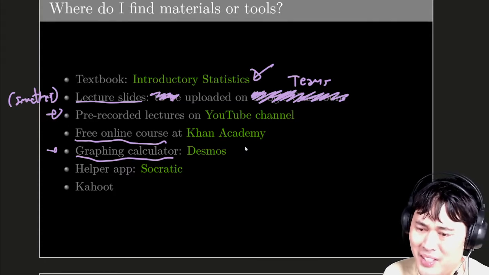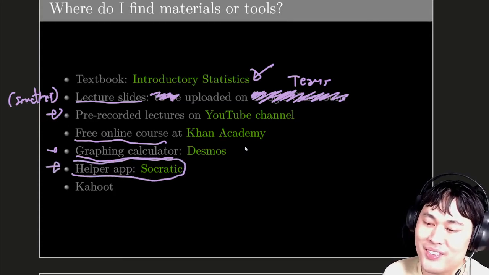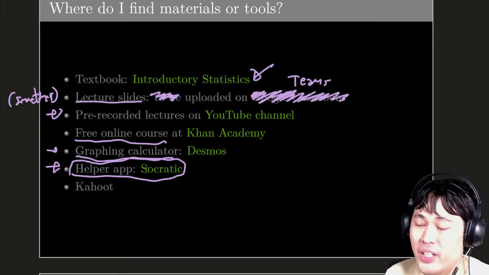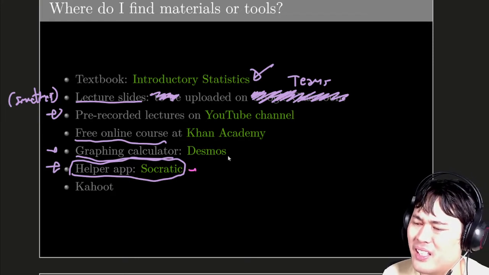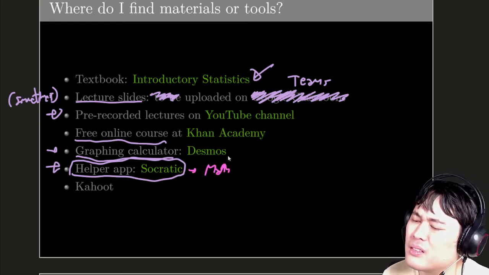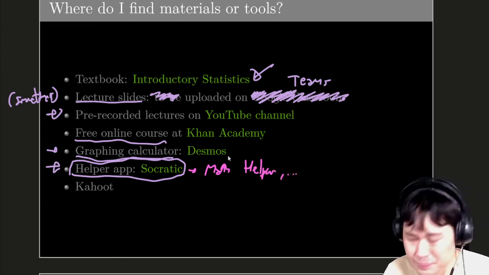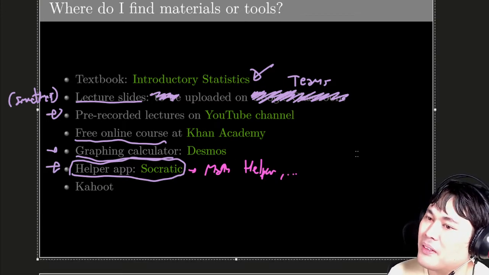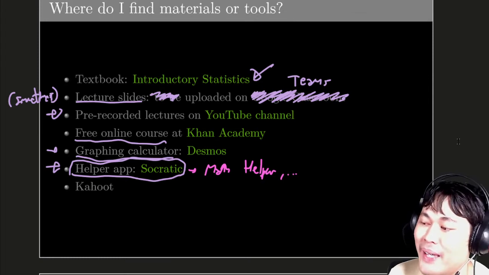And then you can use apps, I guess. This is what most students use. There's this app I kind of recommend called Socratic, or you can use anything. I think there's like Math Helper. And actually you can even use OneNote to help you do math.